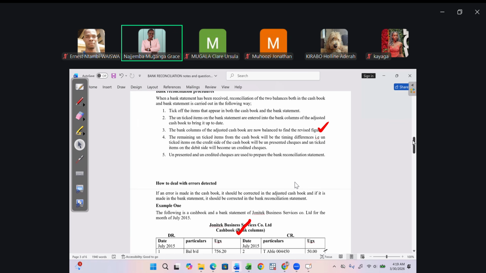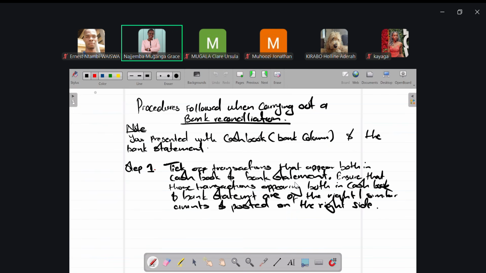So we might have the unticked items. Or maybe before we go to that, I want to modify these steps a little bit to ensure that you understand it well. After you have ticked, let's talk about those that do not qualify.